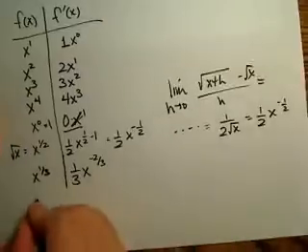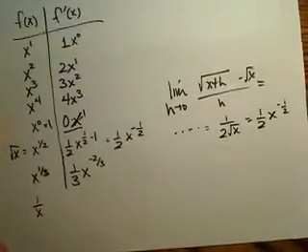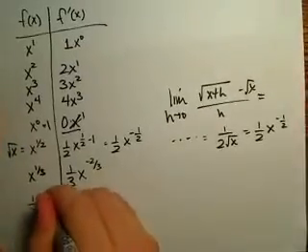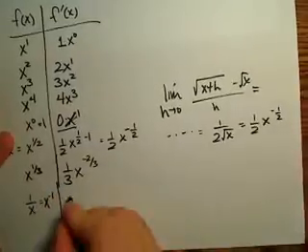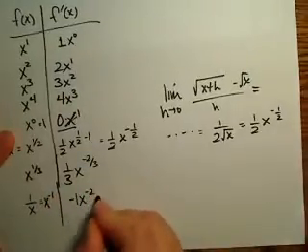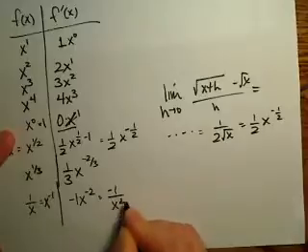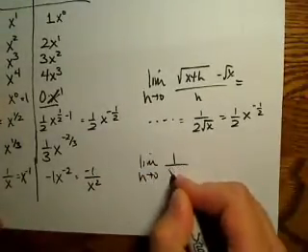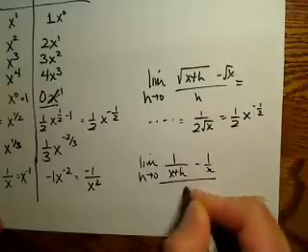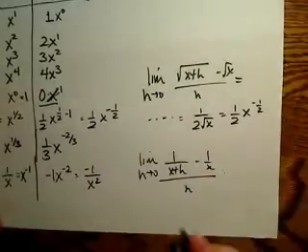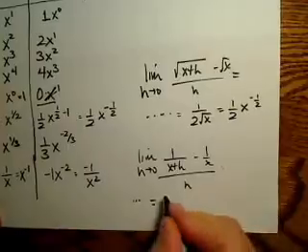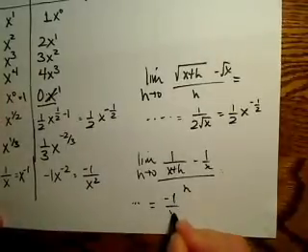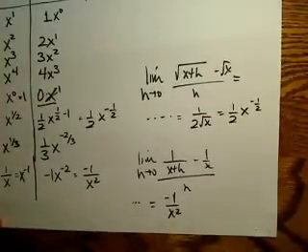This will even work for something like 1 over x, which is x to the negative 1. That'll end up being negative 1 x to the negative 2, which is negative 1 over x squared. Again, if you work through the limit of 1 over x plus h minus 1 over x over h, you went through all of that mess, it will work out. It will land you there.